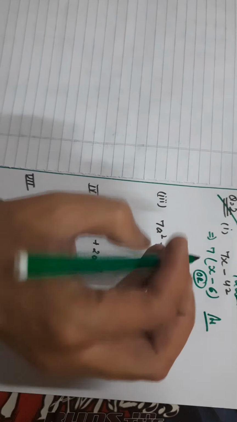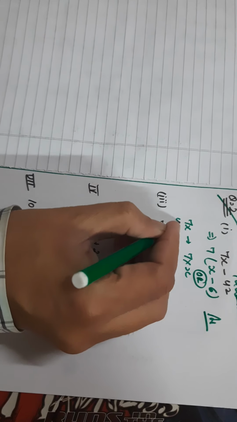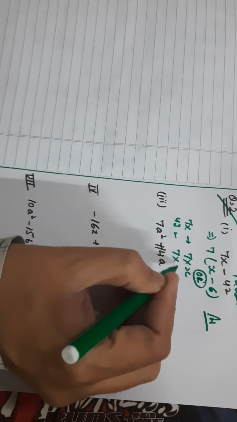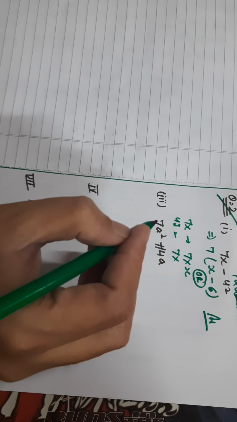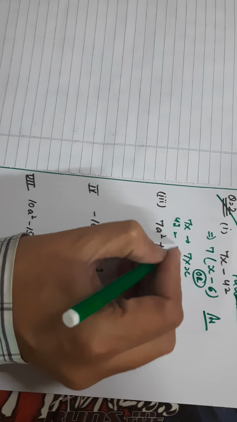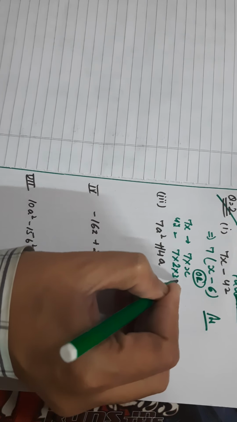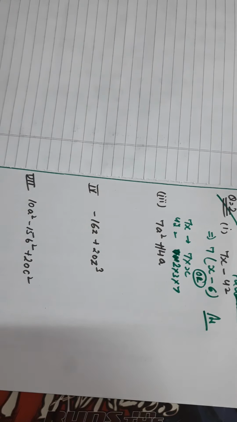You can do it in another way also. Find the factors of 7x: 7 into x. 42, factors will be equal to 2 into 3 into 7, that is equal to 42.